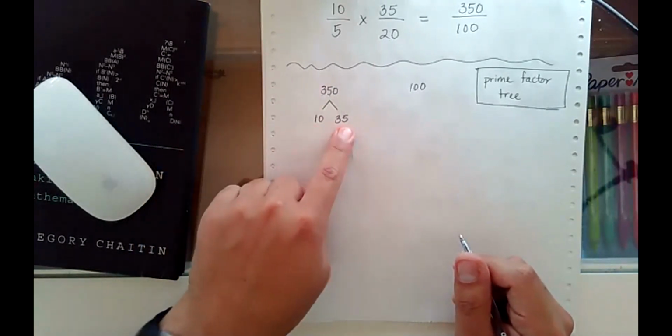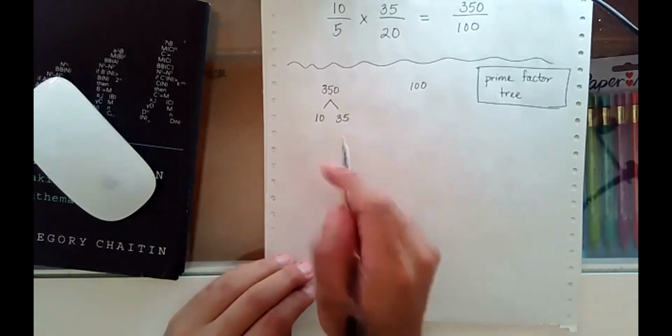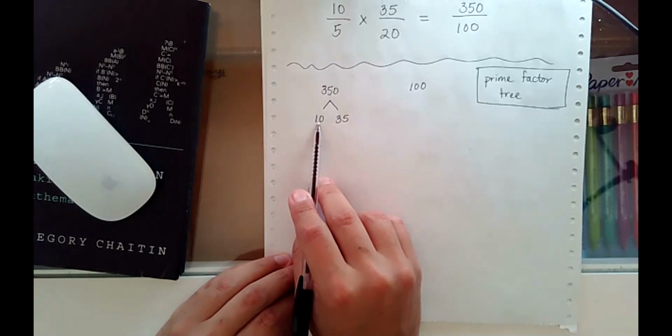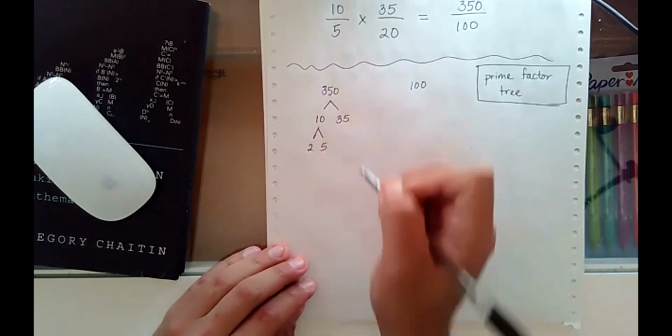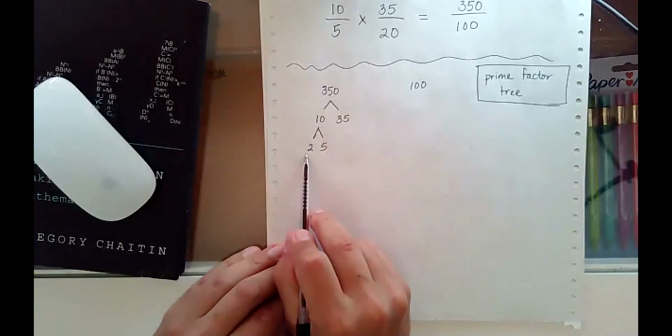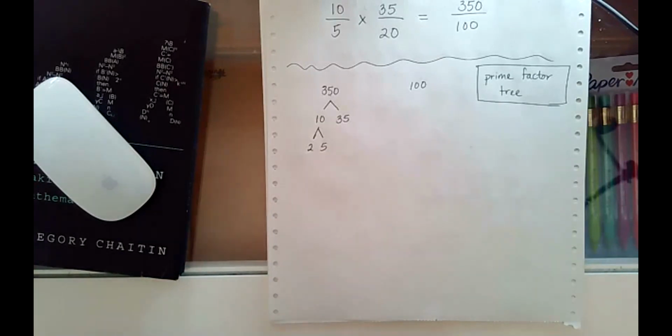Can I break down these numbers further into two factors that multiply to make 10? Well, I could do 5 times 2. Yeah, 2 times 5. Can I break down 2 any further? 1 times 2, yes. But because that's a prime, we're going to say that the prime numbers make up all of the other numbers.